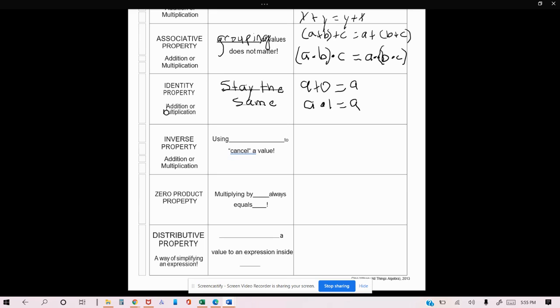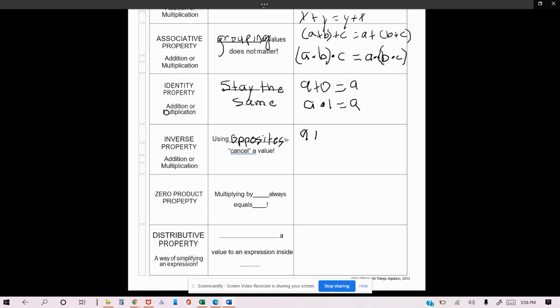All right, so the next property we're going to look at is the inverse property. So this is also addition and multiplication. We are using opposites to cancel a value. So what does that mean?